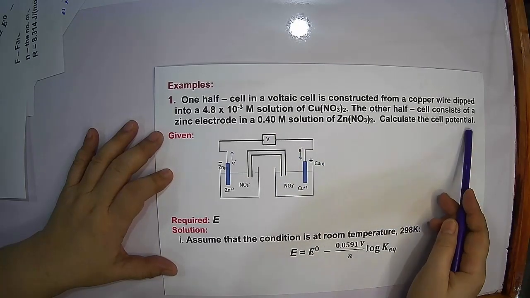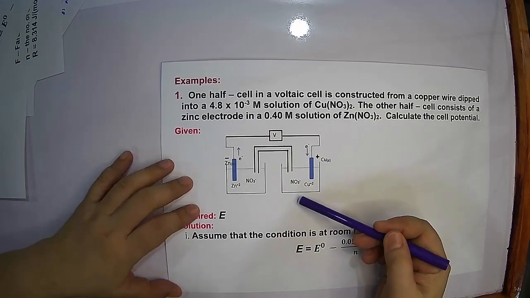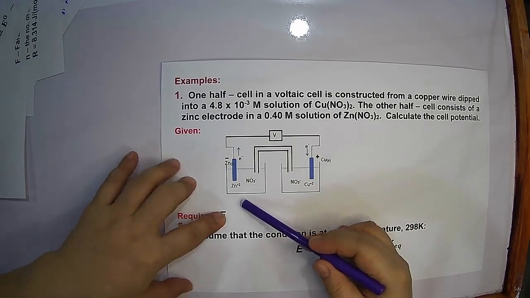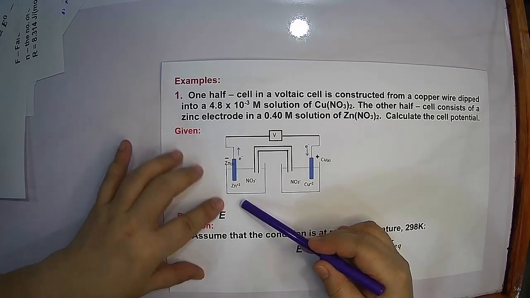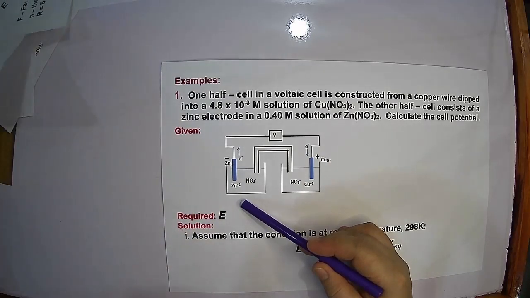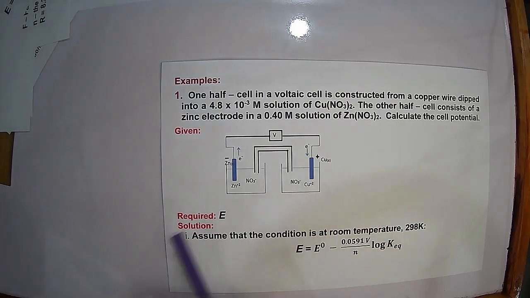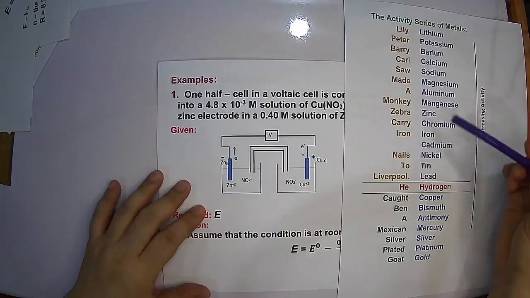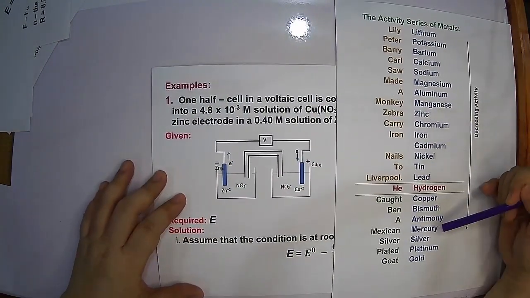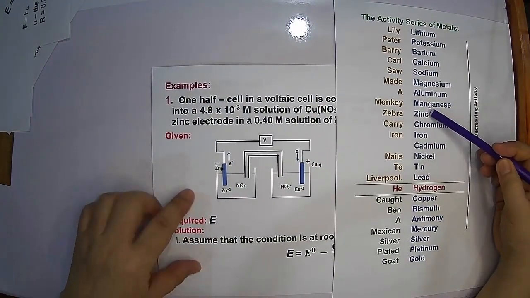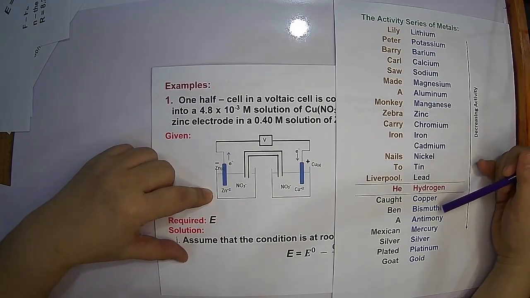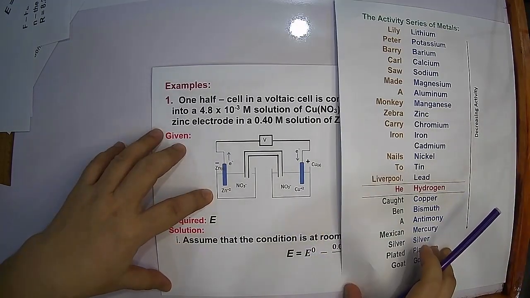Calculate the cell potential. Here we have a schematic diagram. From the previous discussion, referring to your activity series, zinc is above copper, so zinc would be at the anode and copper would be at the cathode.